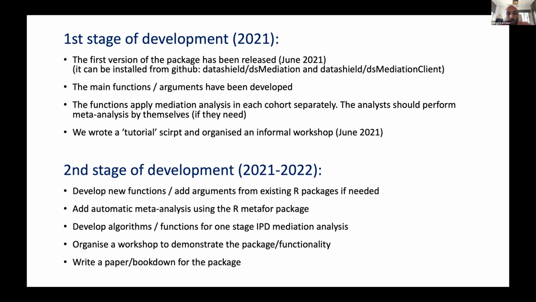We also want to develop the one-stage meta-analysis approach, which is what we usually call pooled mediation analysis. We have some ideas on how to do that, because all the functions of the mediation package use results from regression functions in DataSHIELD.